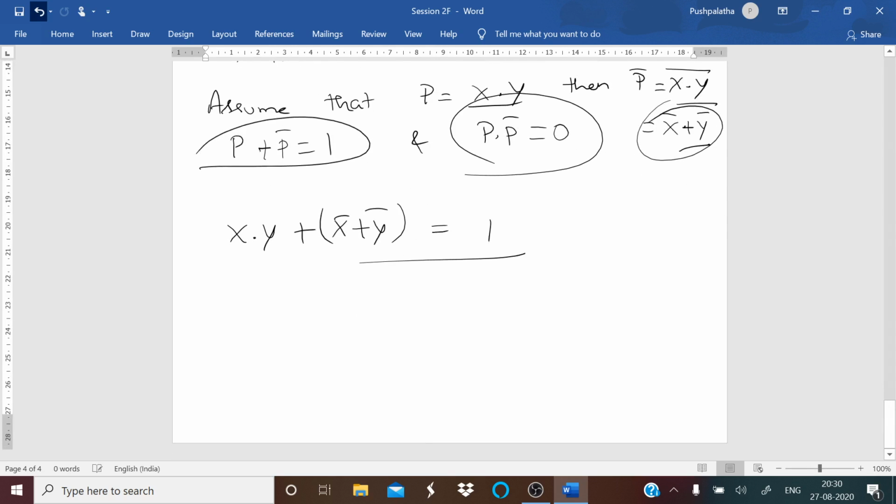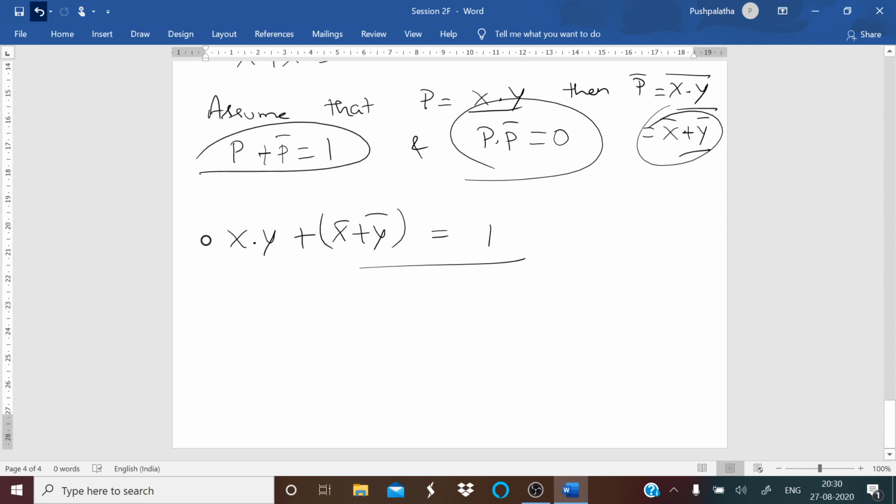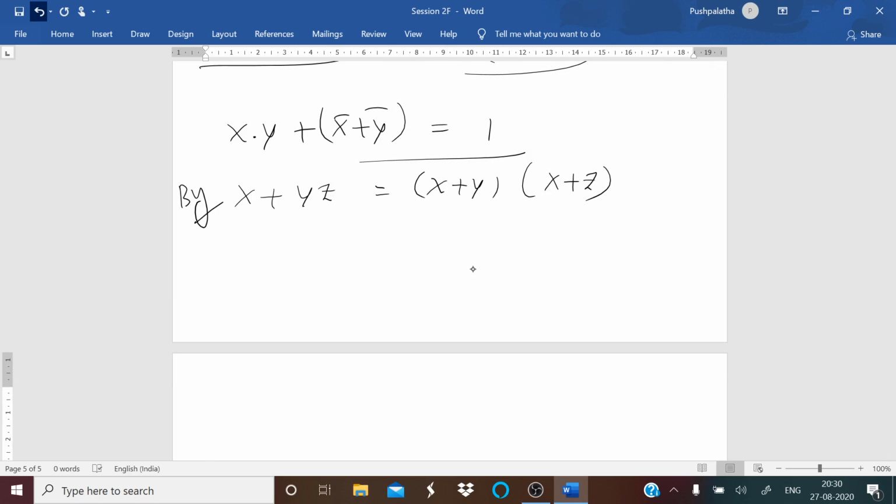So now you have the statement that x plus y into z is equal to x plus y into x plus z. You have this theorem, right? Use this theorem to rearrange the terms or to expand.